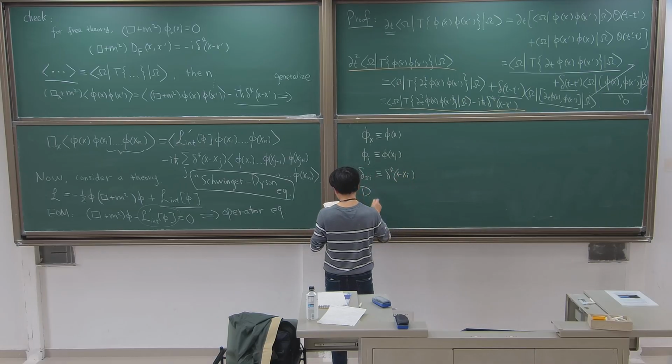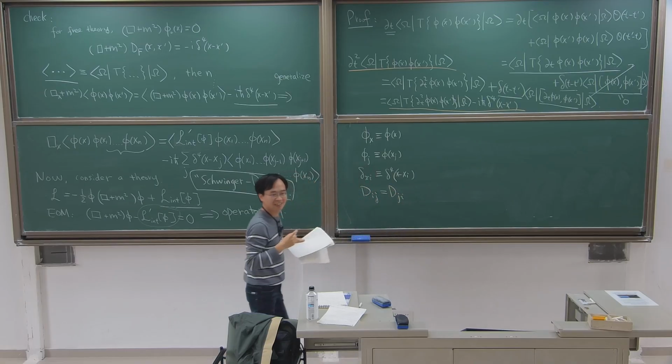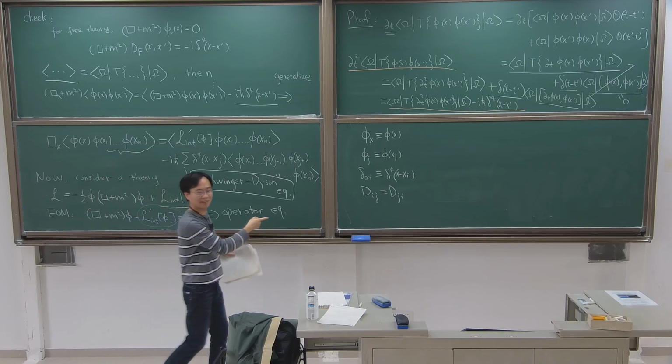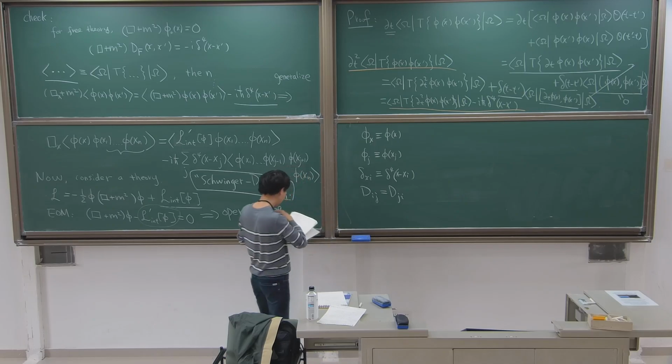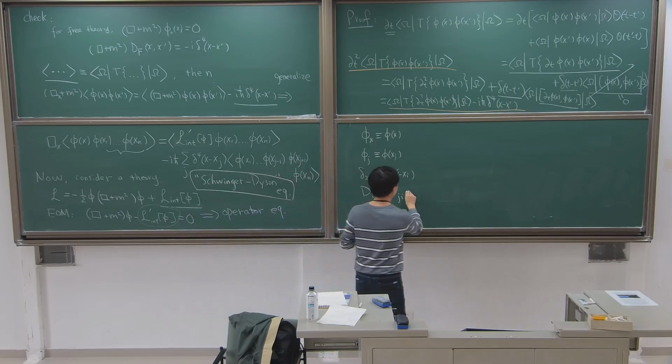And even for the propagator, I use D_ij or D_ji, but as we mentioned last time already, if there is a time ordering in the definition of such a propagator, it doesn't matter.